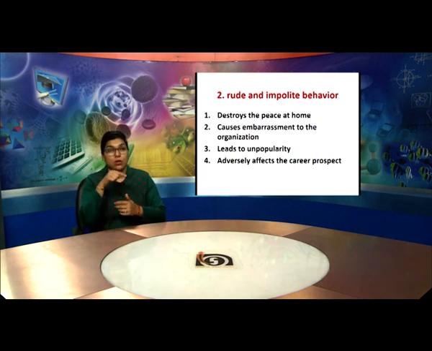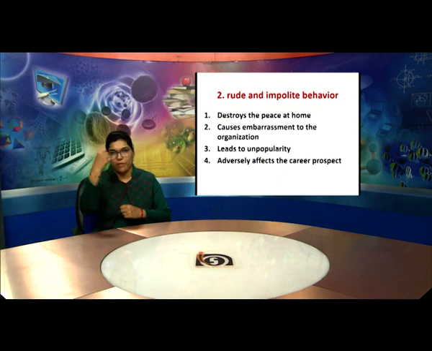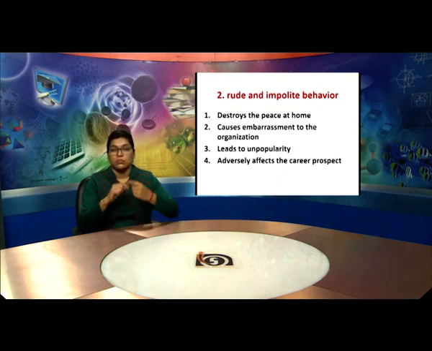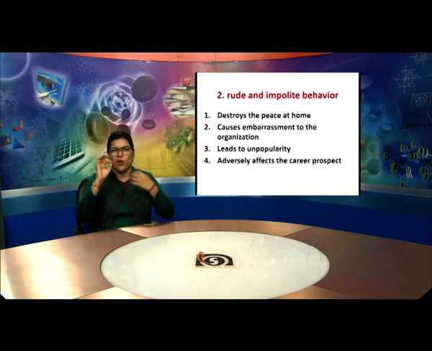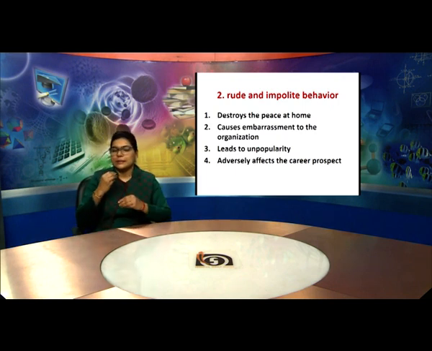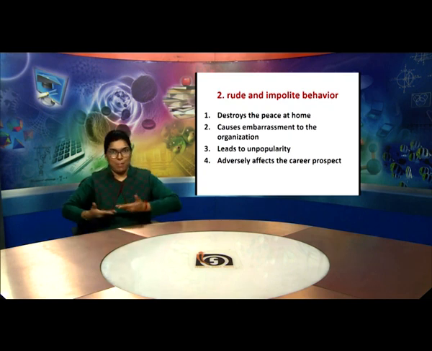The second point, which is the topic here, explains rude and impolite behavior. At home, you all must have experienced that sometimes the peace is destroyed because of some rude or impolite behavior.